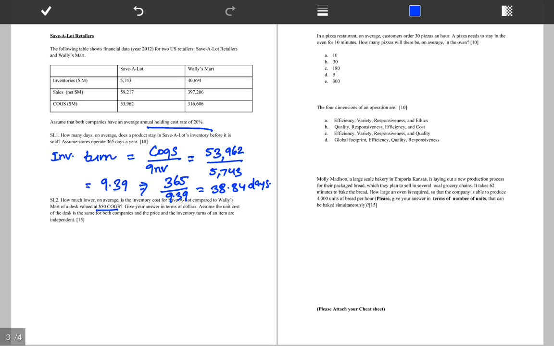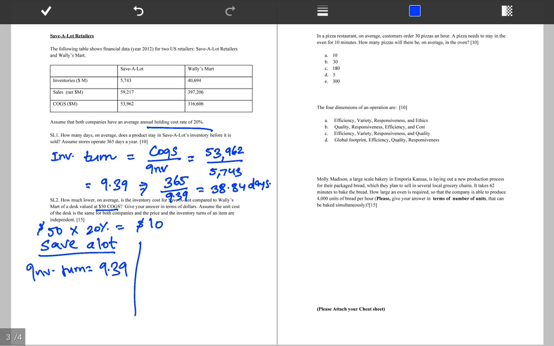Well, first, the holding cost per unit per year for both the retailers is $50 multiplied by 20%, right? That equals $10. But what is the inventory turn? Well, the inventory turn for Save a Lot we already calculated, that is 9.39.